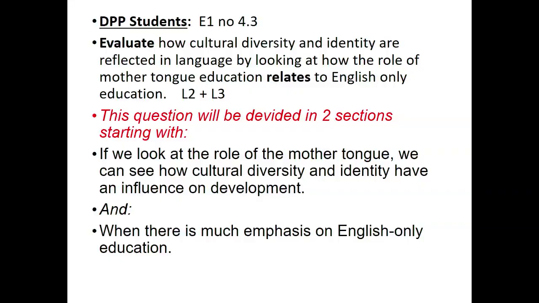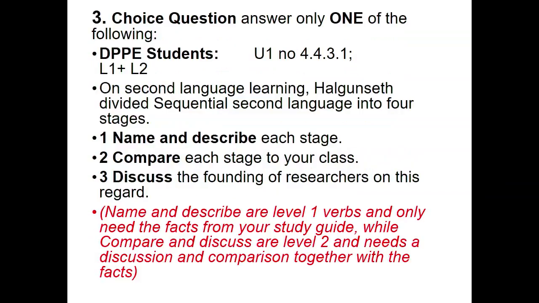The answer to this question will be divided into 2 sections, starting with, if you look at the role of the mother tongue, we can see how cultural diversity and identity have an influence. And the next part, when there is much emphasis on English-only education, what is related to that? Okay, so you will have to evaluate, level 2, and then relate, level 3, in this question.